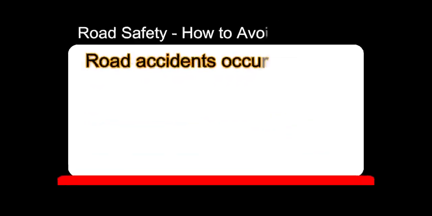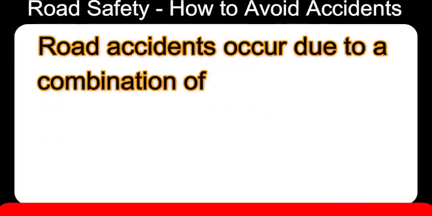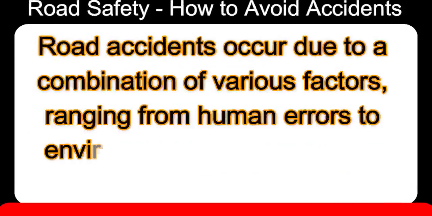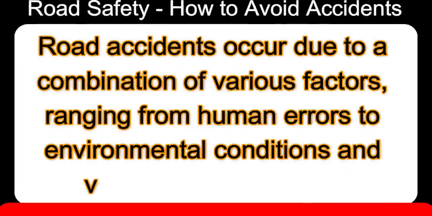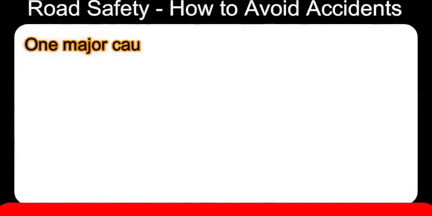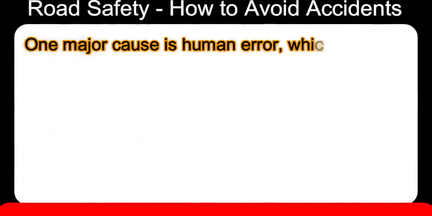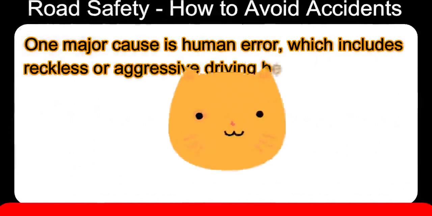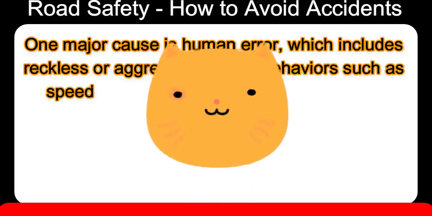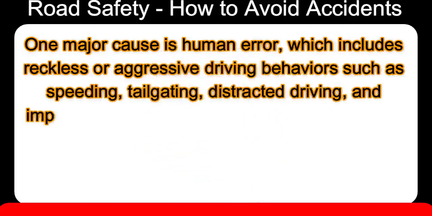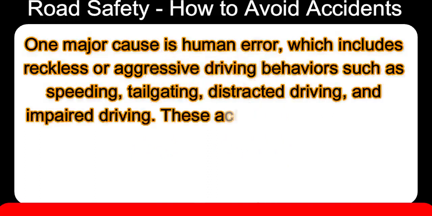Road accidents occur due to a combination of various factors, ranging from human errors to environmental conditions and vehicle related issues. One major cause is human error, which includes reckless or aggressive driving behaviors such as speeding, tailgating, distracted driving, and impaired driving.